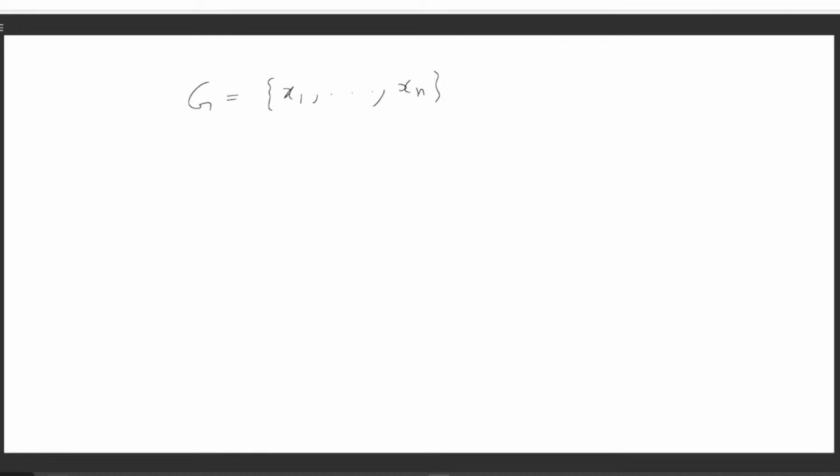Suppose, for example, that... can this happen? Neither x1 is contained in the subgroup generated by x2, nor x2 is contained in the subgroup generated by x1. Is this possible?